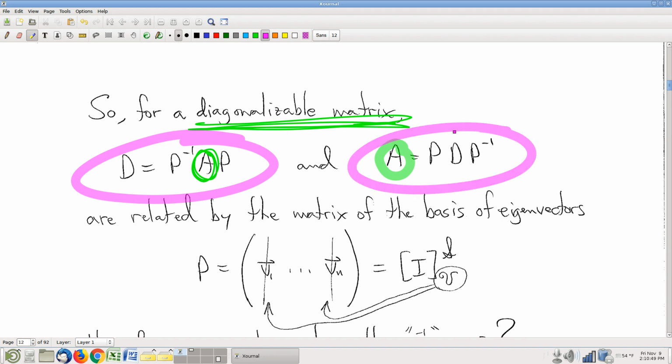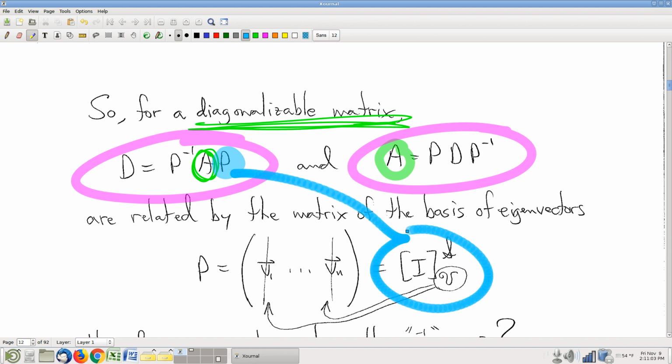These two purple equations, of course, both say the same thing. Now, this P matrix, we've talked about this last time, is a change of basis matrix. That's the change of basis perspective on conjugation. Conjugations are a change of basis, and therefore the individual matrices are change of basis matrices.